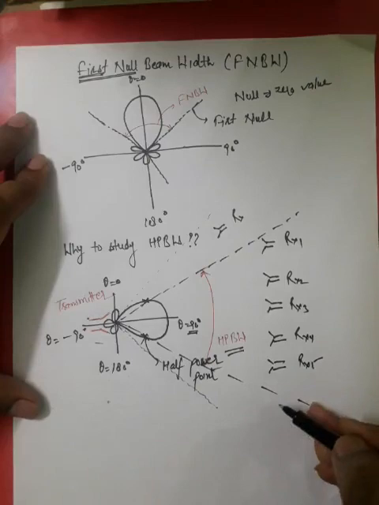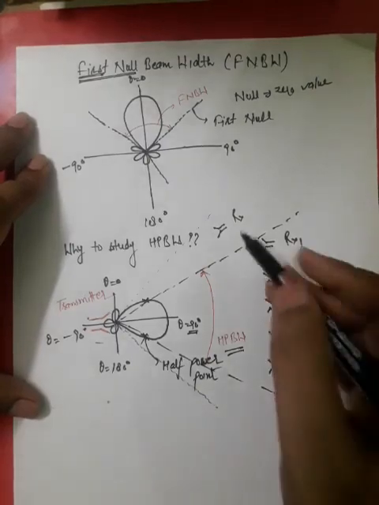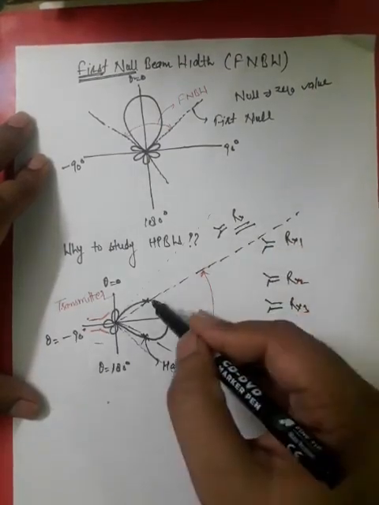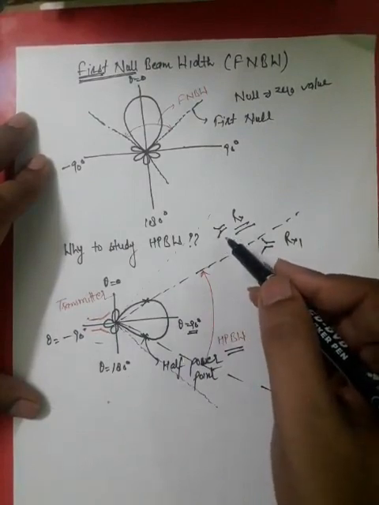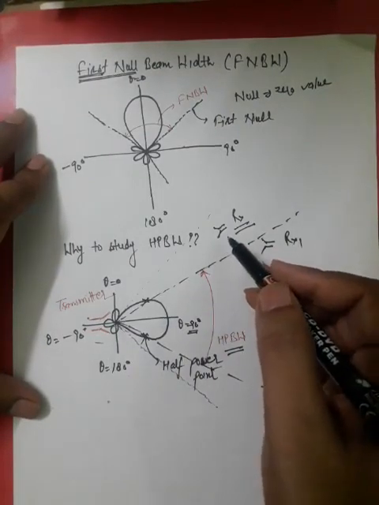When your receiver is placed outside this half power beam width, although it will receive some signal, it will be a very weak signal.